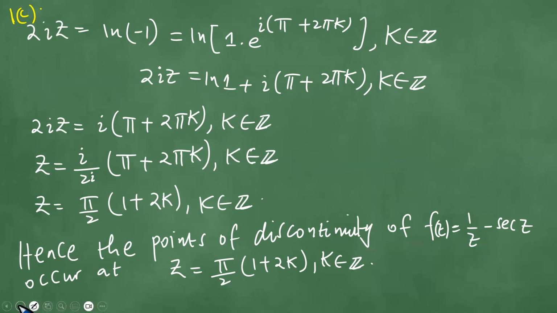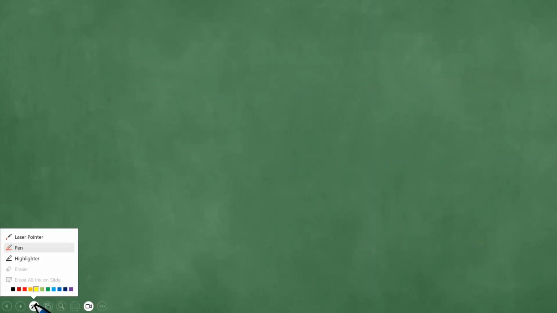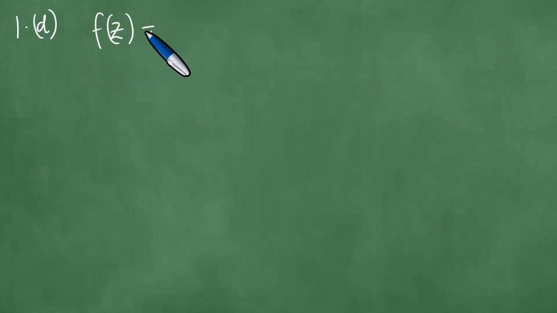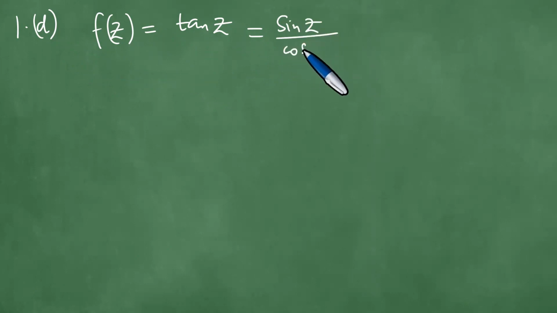Right, we continue to solve more problems, and now we look at question 1D. So here we have f of z equals the tangent of z. So this is the trigonometric sine of z over cosine z.